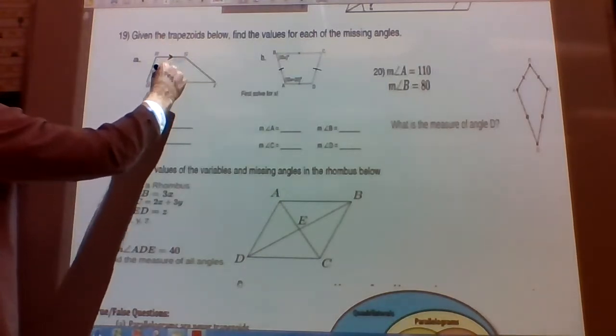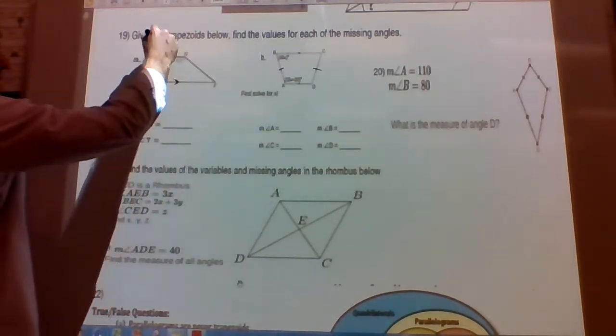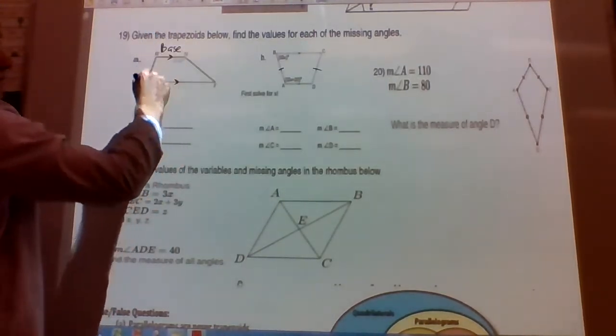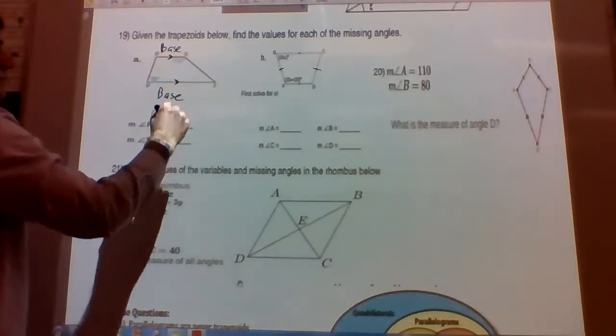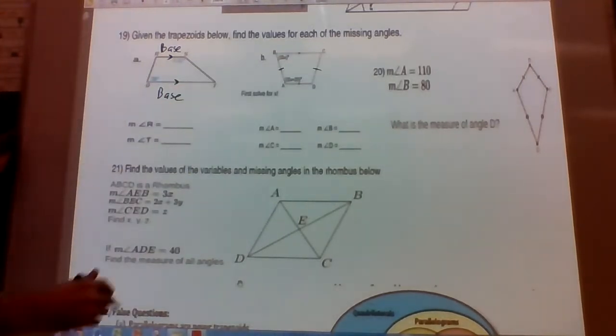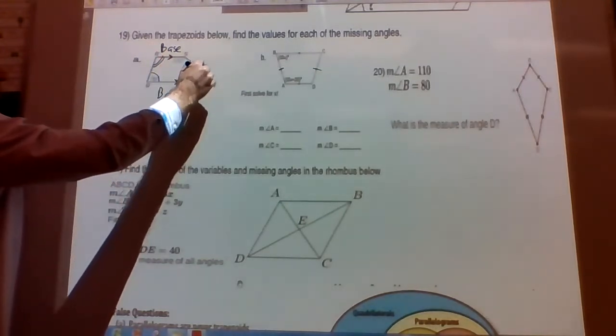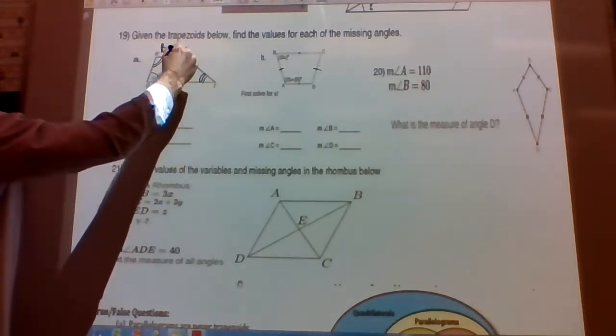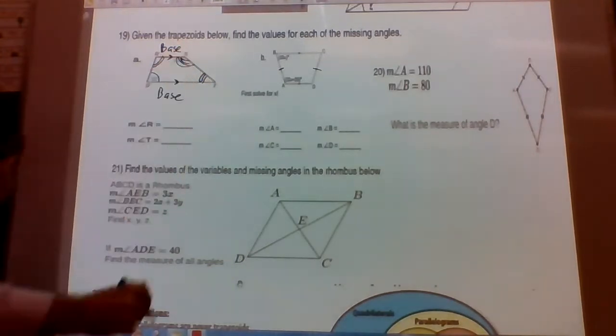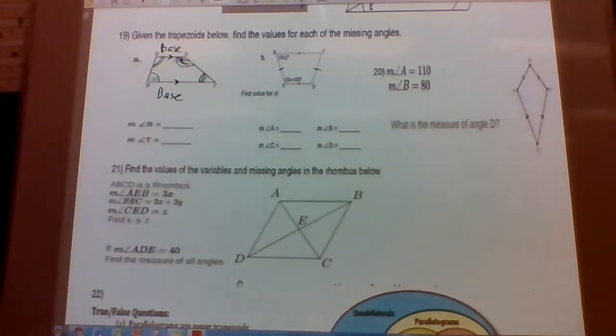The parallel sides indicated by these arrows say that RS is a base and QT is a base.